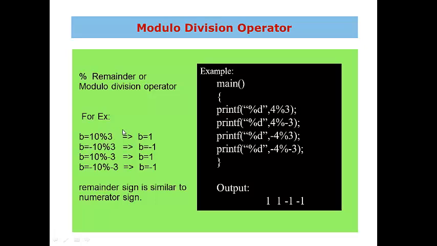So the numerator and denominator sign are only applicable to the quotient, and the numerator sign is only applicable to the remainder. So the remainder sign is similar to the numerator sign.